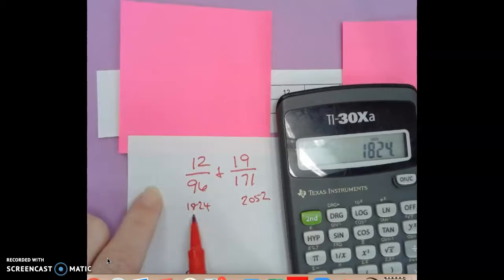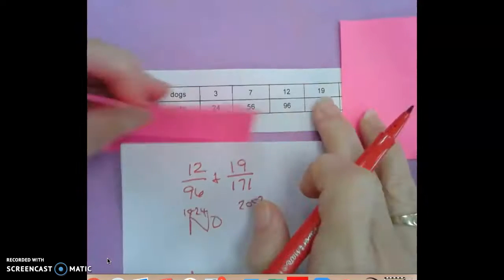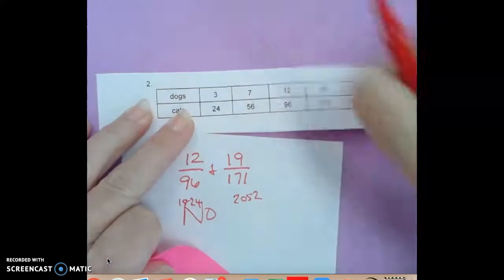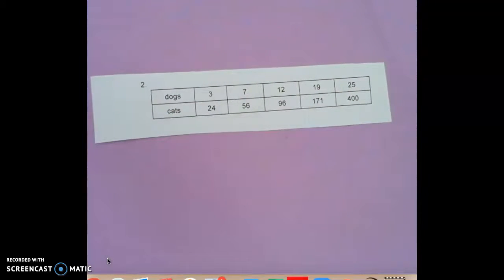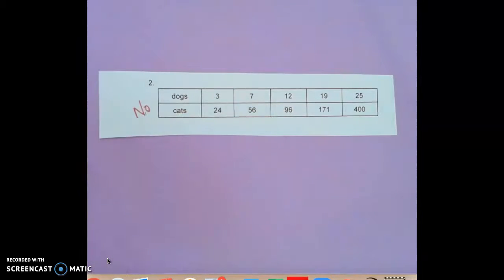So that tells us that this particular table is not proportional. So this table would be no. I don't even have to finish it because I already got that they were different. So this table is no.